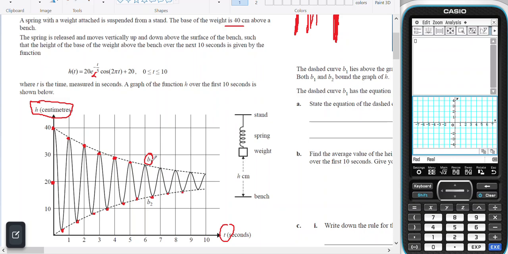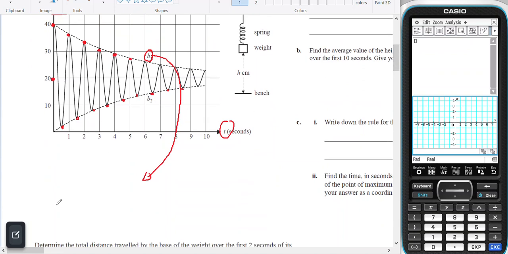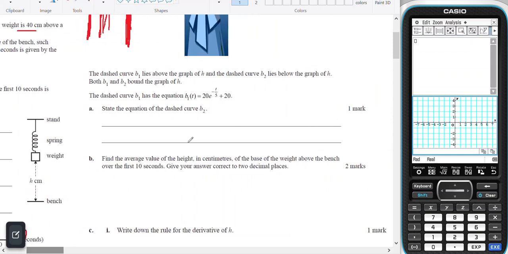Therefore, to get from B1 to B2, I would like to reflect over the x-axis, so that will take my 40 down to negative 40. Then I need to plus it up, so I reflect over the x-axis, then translate up 40.